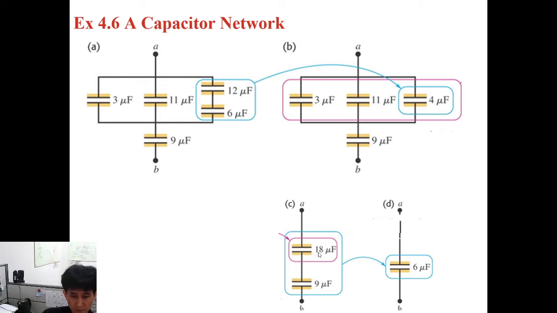So we have 1 over 18 plus 1 over 9, which is the same as 1 over 6, because that is 3 over 18. So 3 over 18 is 1 over 6, so we have a 6 microfarad equivalent single capacitor. This is the final equivalent single capacitor representing these 5 serially and parallelly connected capacitors.